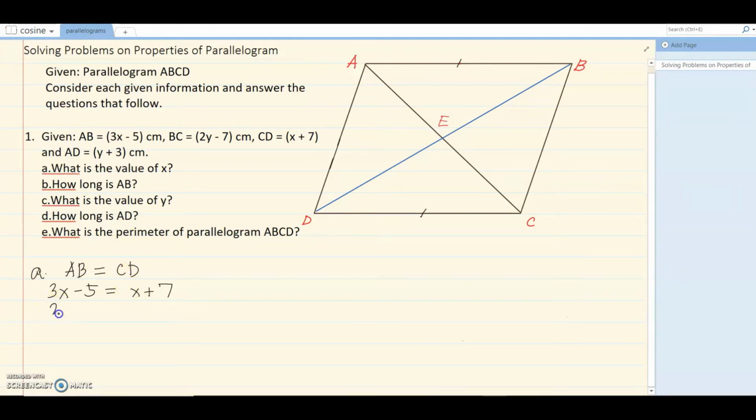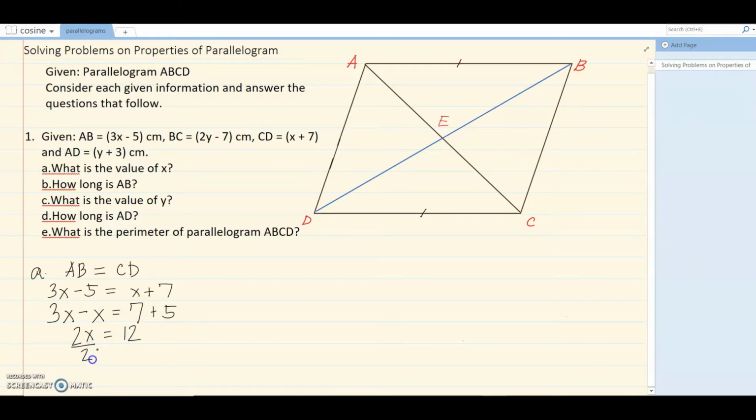So, we have 3x. Ilipat natin yung x, magpapalit ng sign, so that becomes minus x equals 7. Then, lipat natin yung negative 5, magiging positive 5. So, 3x minus x will give us 2x equals 12.